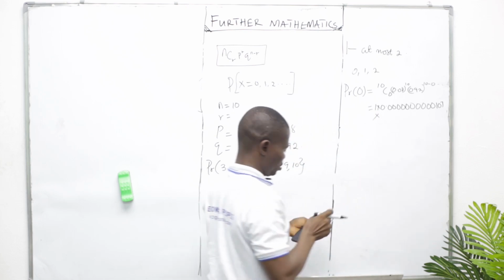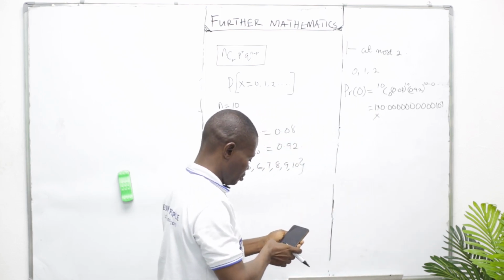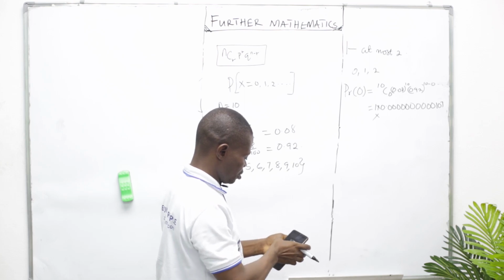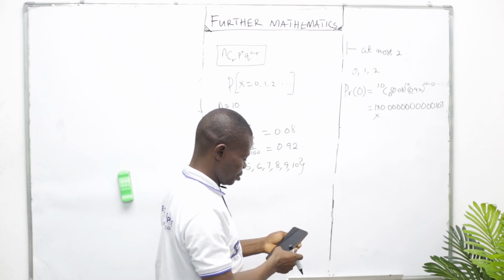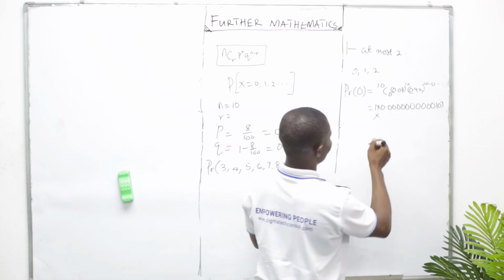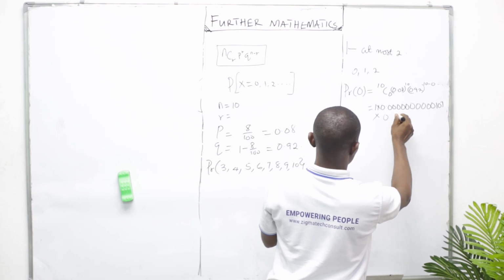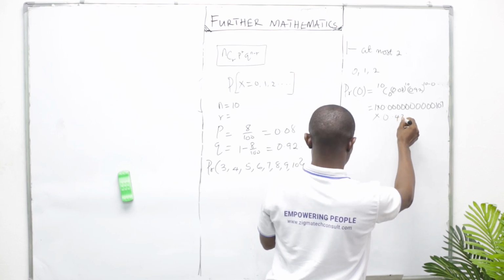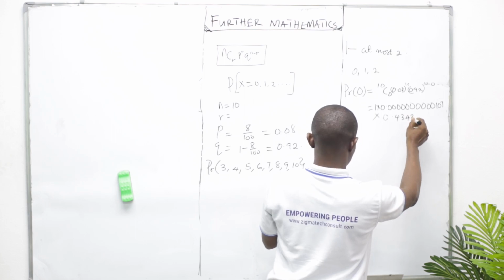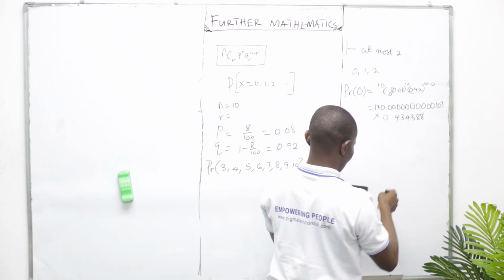Multiply by 0.92 raised to power 10, which is 0.434388.